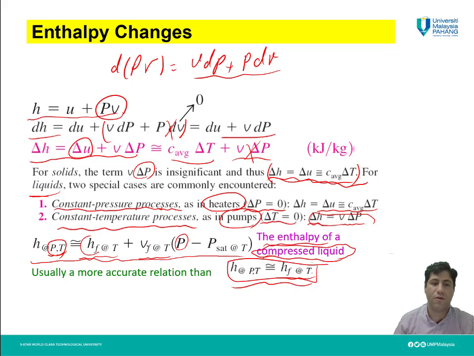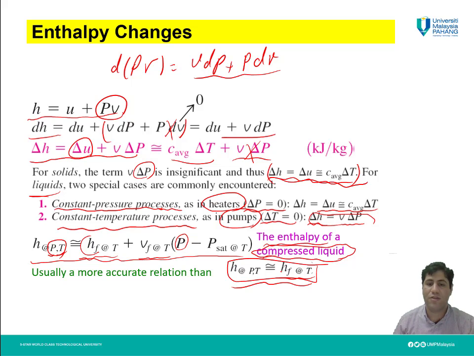This is the simplified form of this equation, which you have already seen how we can find HF, or enthalpy of saturated liquid, from the different tables. So if you find this for a liquid from a table, for example for water, you can just refer to table A5 or A4, I think, if I remember correctly.